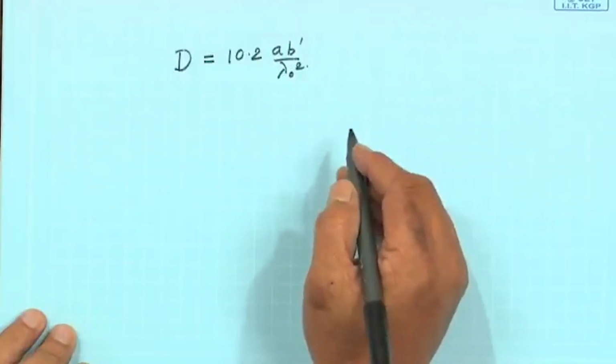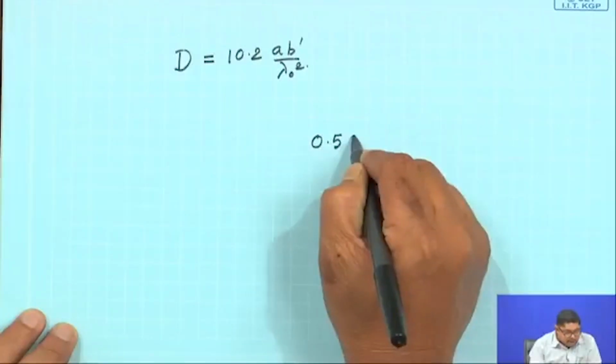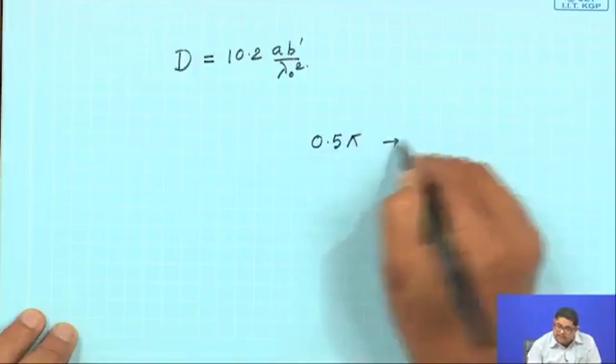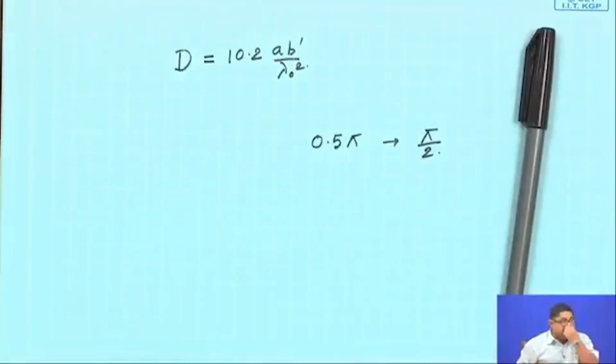I cannot go up to 3 by 4 pi or 0.75 pi. Here we can go only up to 0.5 pi, that means pi by 2 only, instead of pi by 4 phase error.